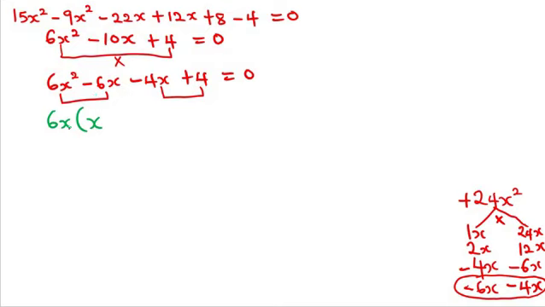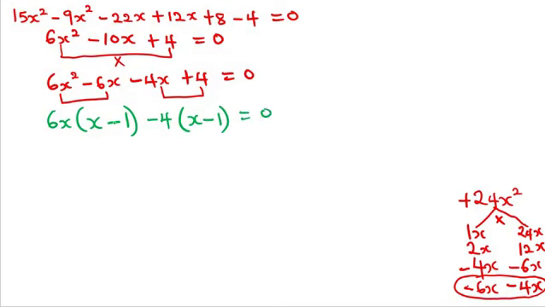Minus 6x divided by 6x gives me minus 1. I close the bracket. Now move down to the other side. Minus 4x plus 4. What is common between these two is 4. So I'll be writing minus 4. Minus 4x divided by minus 4 gives me x. Plus 4 divided by minus 4 gives me minus 1.